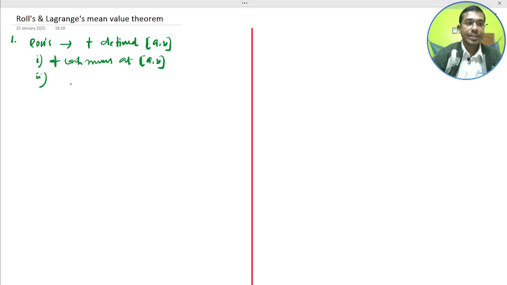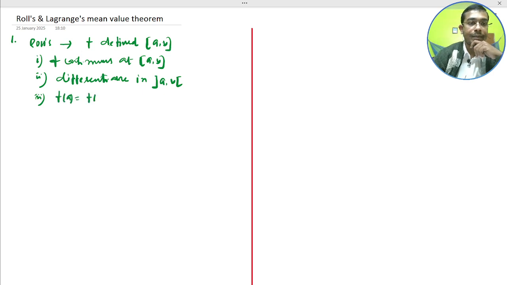and also differentiable, as we discussed earlier, on the open interval (a, b), and the third property f(a) equal to f(b). These three conditions should hold.